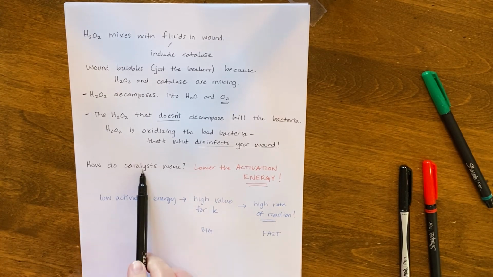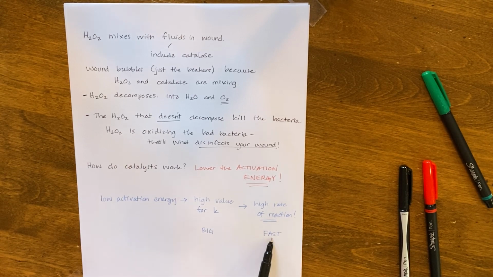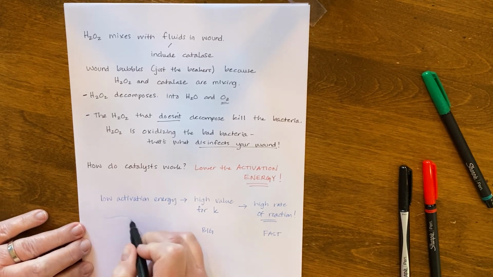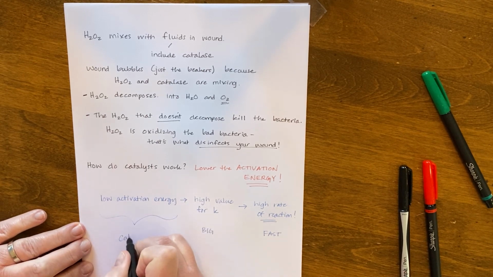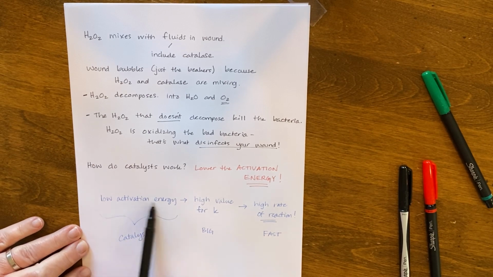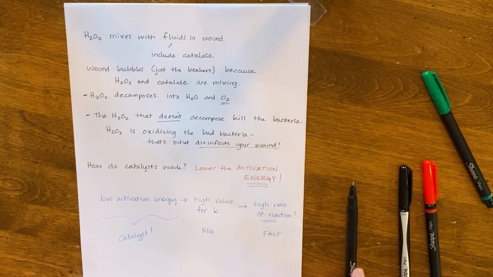Okay, and a catalyst lowers this activation energy, which then leads to a faster reaction. So that's how a catalyst works. This is where the catalyst is working. It's working on this piece, and if it can lower this activation energy, it can make the value for K bigger, which then makes the reaction rate faster.